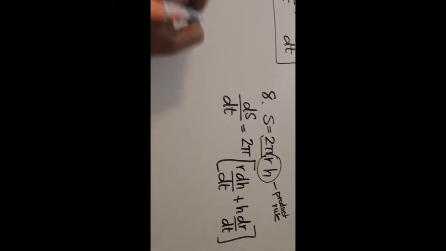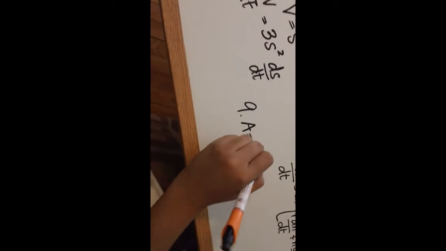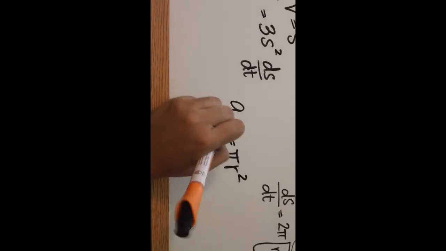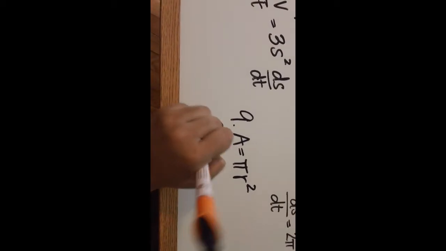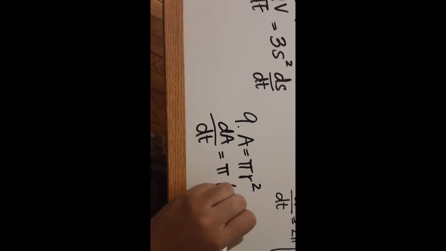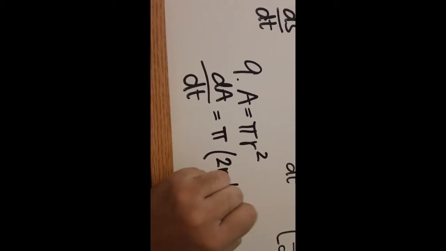For 9, you're given the area of a circle. If you take the derivative of the left, take out the constant, derivative of what's left over is 2r dr dt.